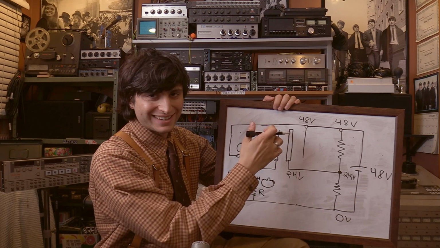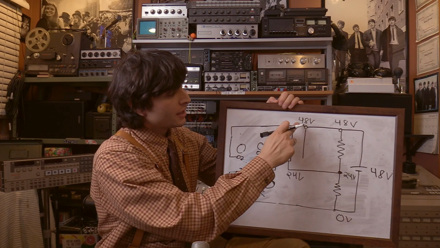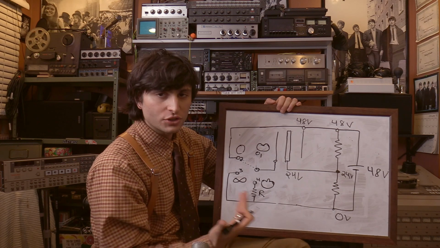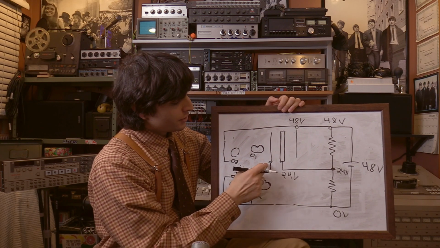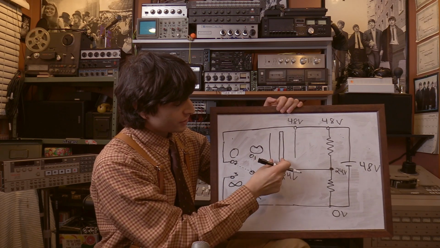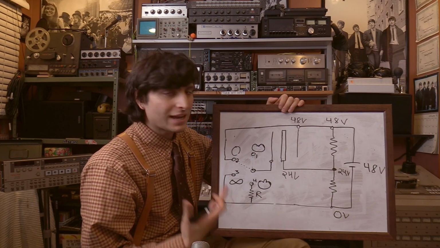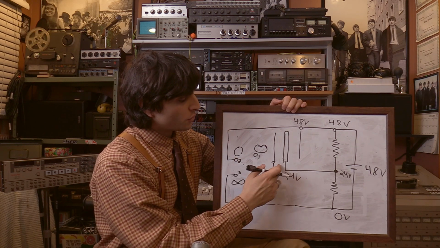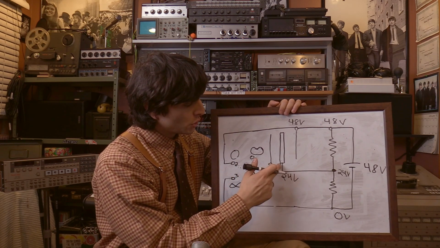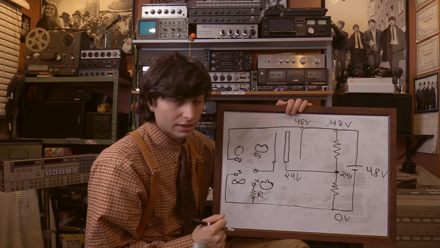Now let's see what happens when I put that switch in its second position. Now this second diaphragm is going to be seeing that 48 volts, and there's going to be a difference of 48 minus 24 volts of this plate, so 24 volts. So now both of these diaphragms are seeing a positive polarity of 24 volts in relation to this common collector plate here.